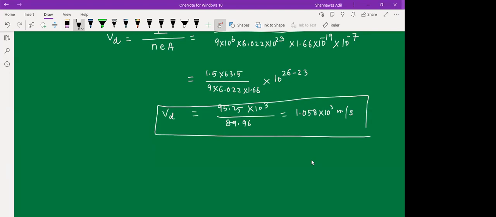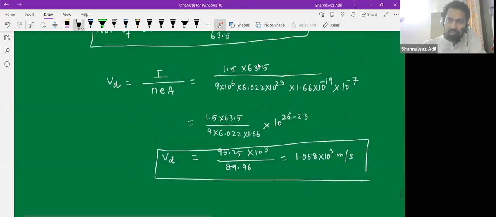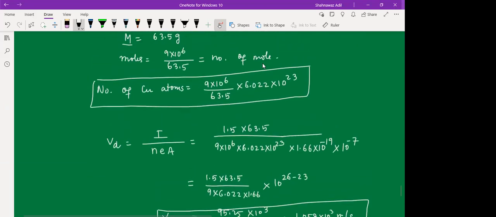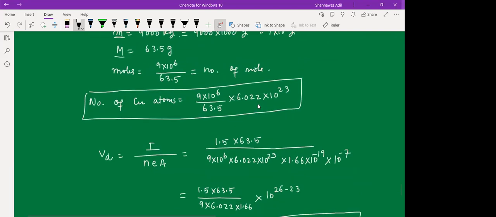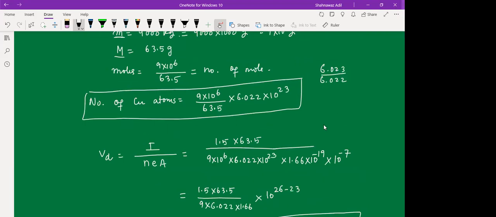For the number of atoms, can we use 6.023 into 10 to the power 23? Yes, we can use 6.023 or 6.02. Both are nearly the same. Will we get the same answer?